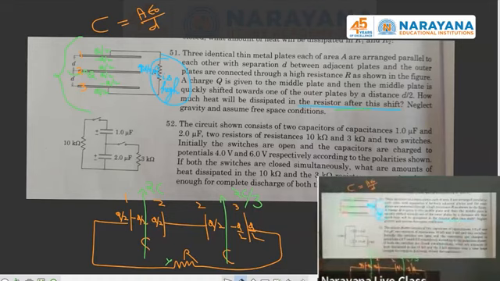So because the charge has not changed, but the capacitance has changed, right?